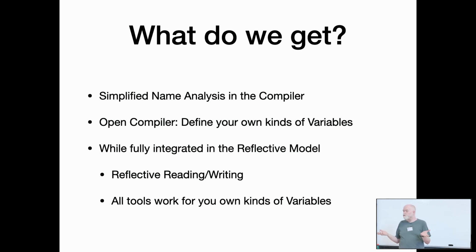And if you have the two, you can compile and you can use all the tools on them. So you can make your own variables while it's still fully integrated into the reflective model with reflective reading and writing, and all tools will still work.